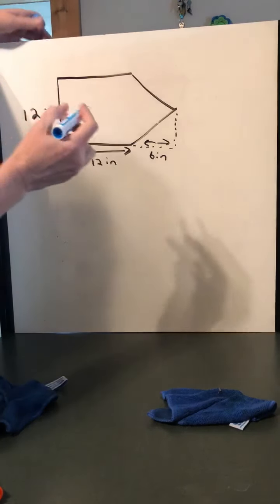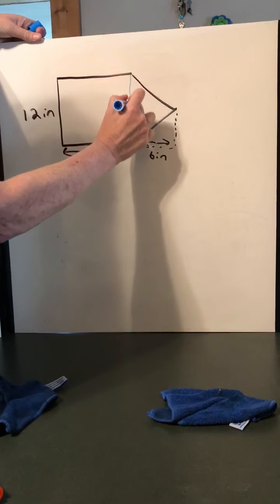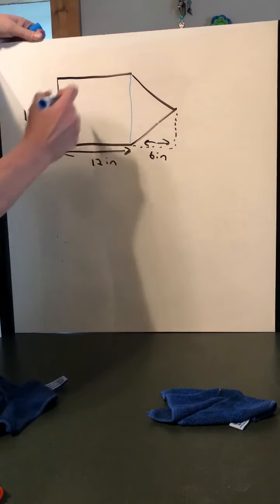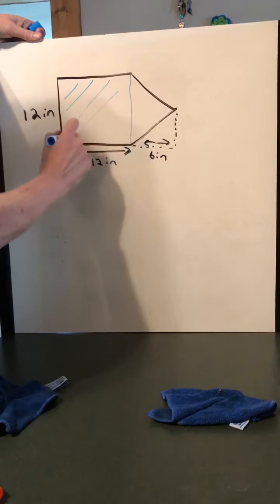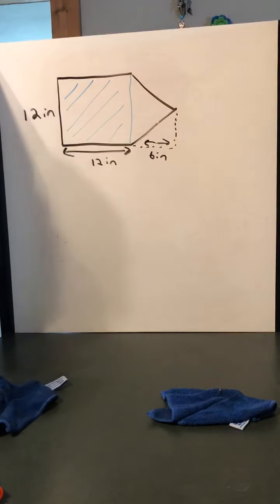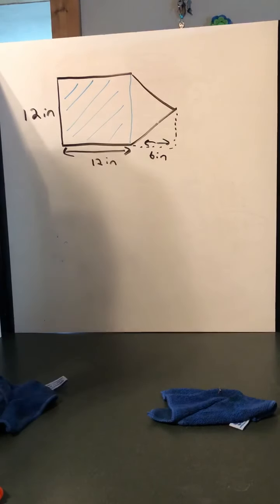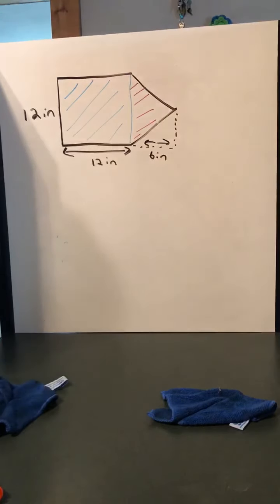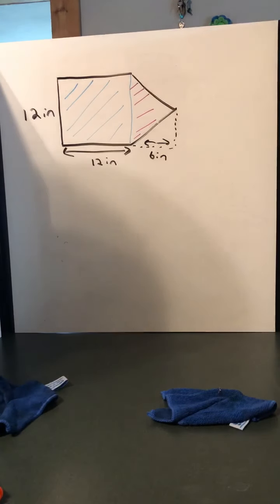First of all, I can divide this into a rectangle and a triangle, or a square and a triangle in this case, actually. Because here I've got this figure, and then I've got this figure here. So one of those is a square, one of those is a triangle.